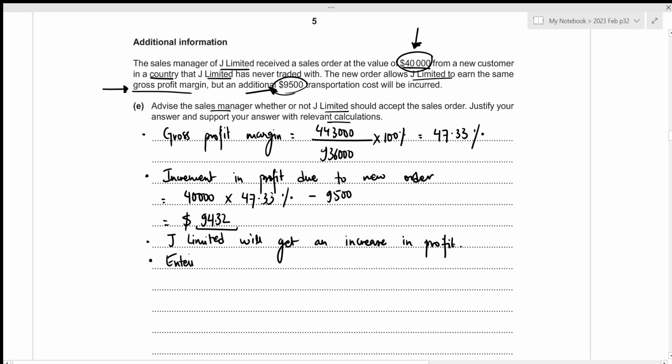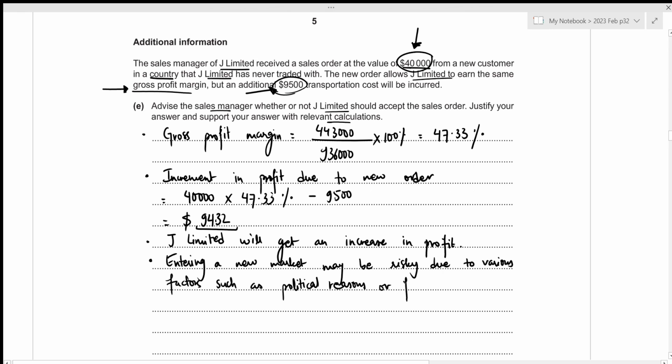Entering a new market may be risky due to various factors such as political reasons or foreign currency exchange.